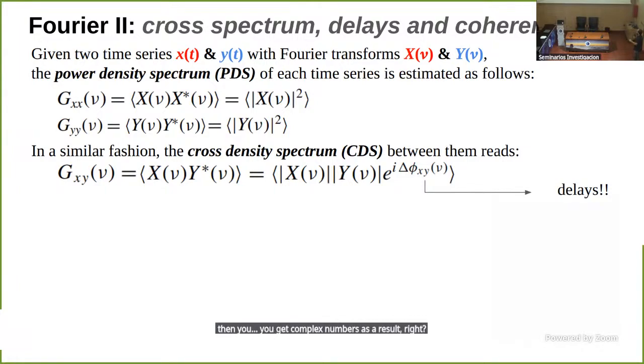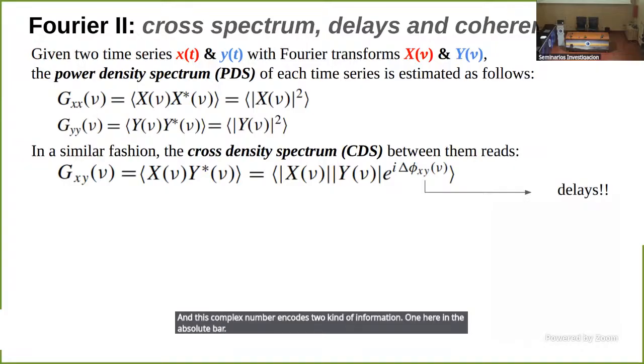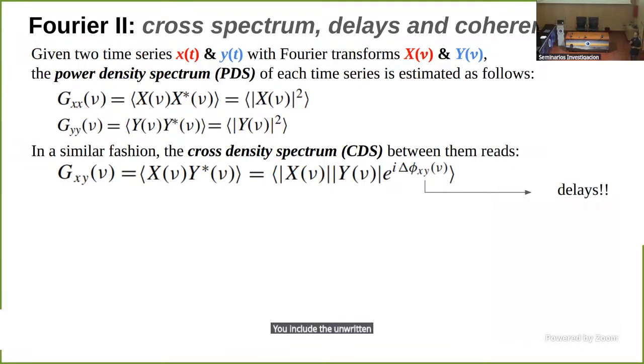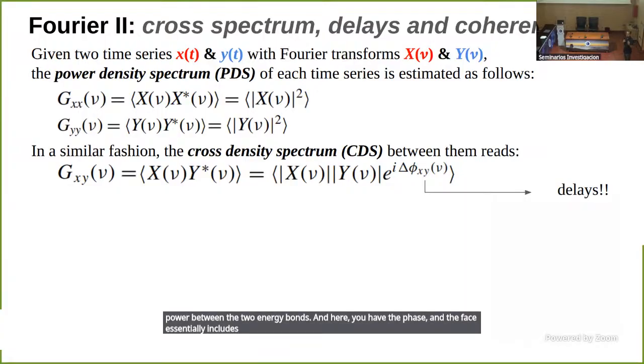And these complex numbers encode two kinds of information. One, here in the absolute part, you encode the amplitude of the power, the cross power between the two energy bands. And here you have the phase, and the phase essentially encodes a delay between the two time series.